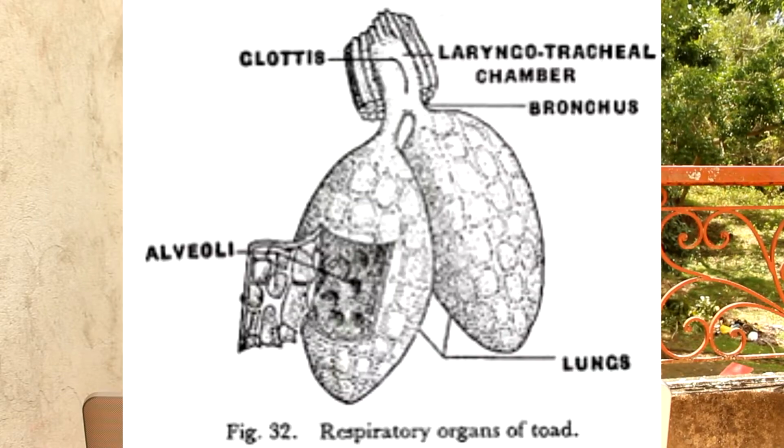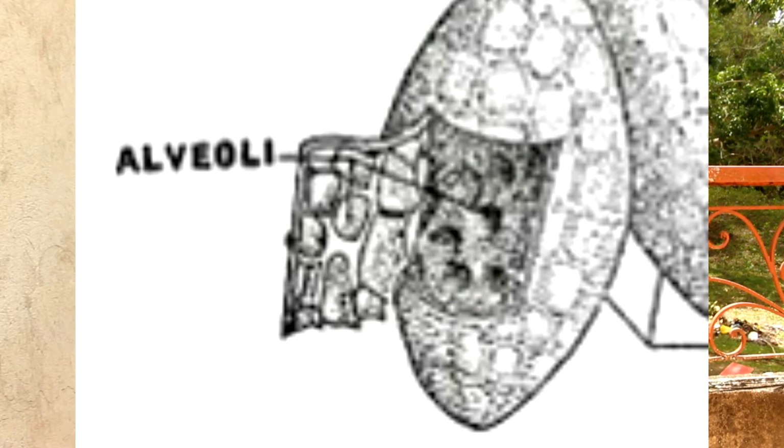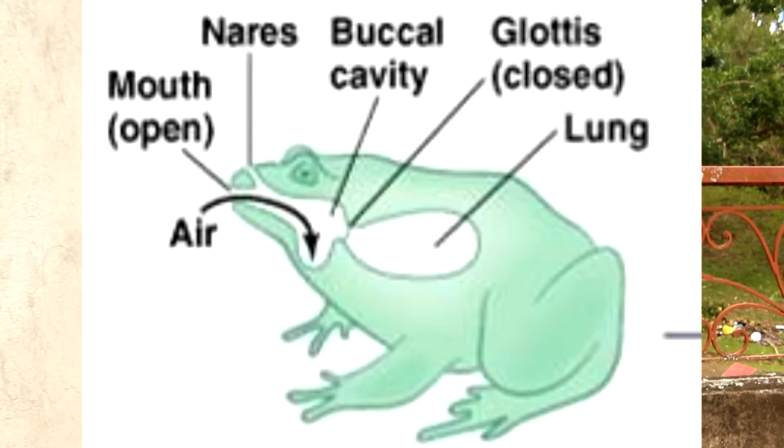The lungs contain alveoli, singular alveolus. Alveoli are what we call the air sacs, small thin-walled chambers richly supplied with blood capillaries, and are the site of gas exchange between the lungs and the blood in frogs. Basically, air enters the pocket of the buccal cavity through the external and internal nares.